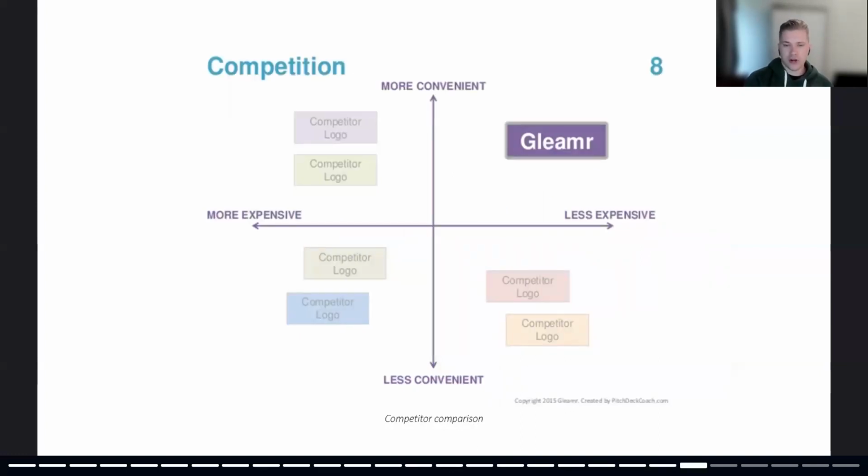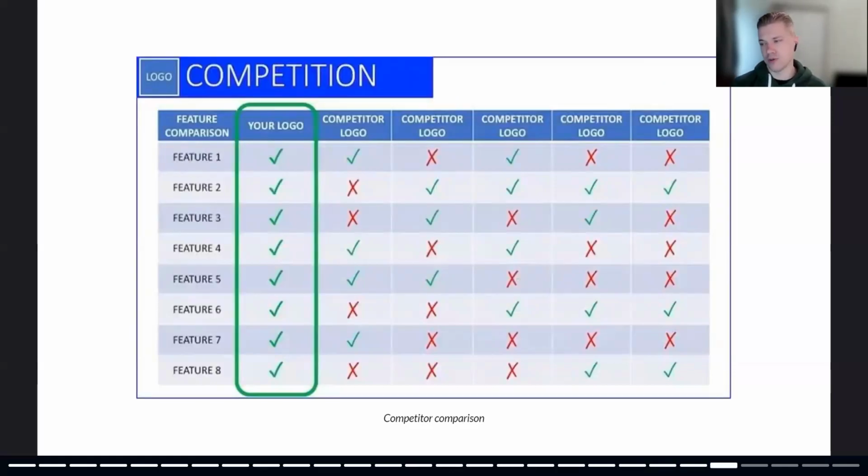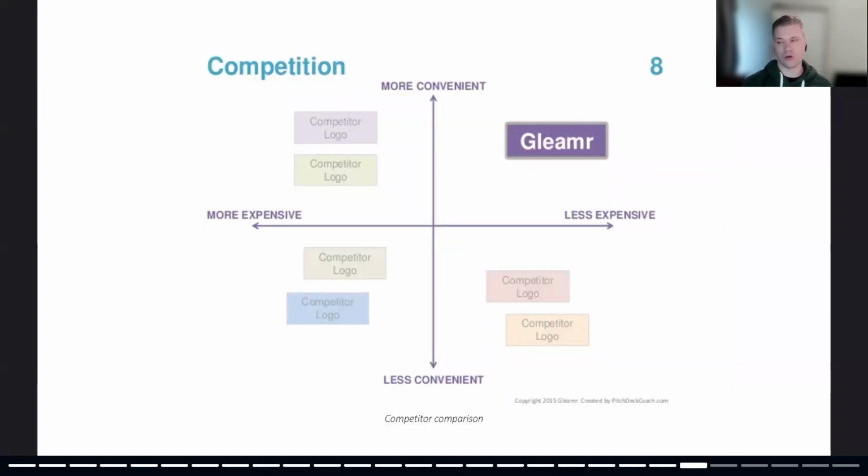And the competitor comparison, yeah, as I mentioned, usually it's done in two ways. Either it's a table where you list features, and then you show which features your competitors don't have, but you have them, and that will make people switch from the competitors to your product. Or you can create a slide with two key axes showing that this product fits in that quadrant, they go here, and we are alone here.